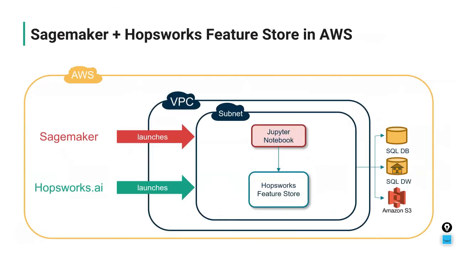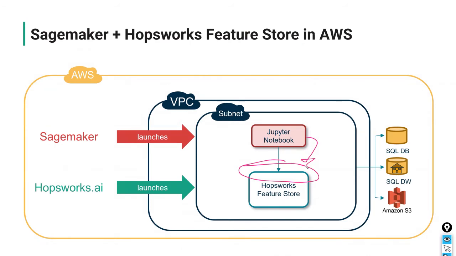Okay, this is for the operations people here. What I will demo today, you can do VPC peering if you want. I won't show that in the slide, but today what I'll demo is just a SageMaker notebook starting in the same VPC as a Hopsworks cluster. And we'll actually even start them within the same subnet. So what we will need to do is just expose the feature store from Hopsworks so that it is accessible from our SageMaker notebook.